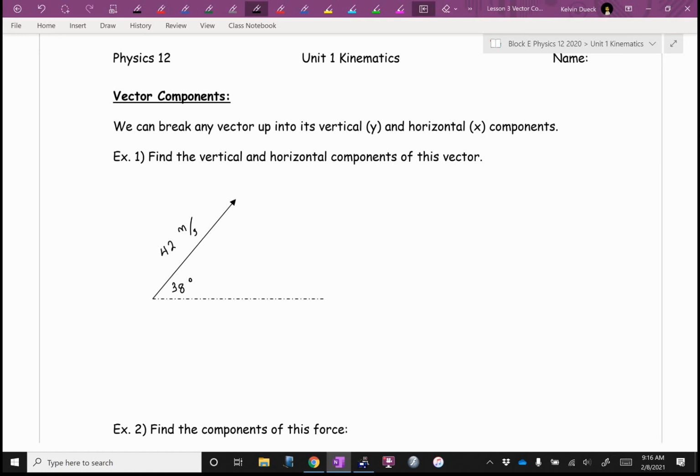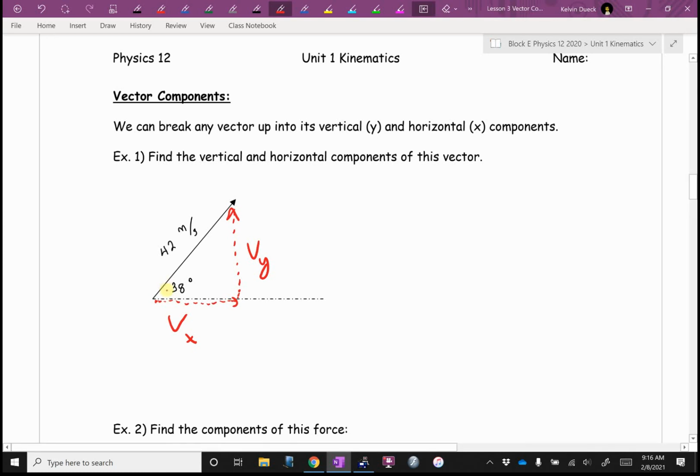I want to find what two vectors this came from. Horizontal and vertical. And the way I'm going to do that, I'm going to draw a little horizontal dotted line like this, and I'm going to call it Vx. I'm going to draw a little vertical dotted line like that, and I'm going to call it Vy. V for velocity, because it's meters per second, X for horizontal, Y for vertical.